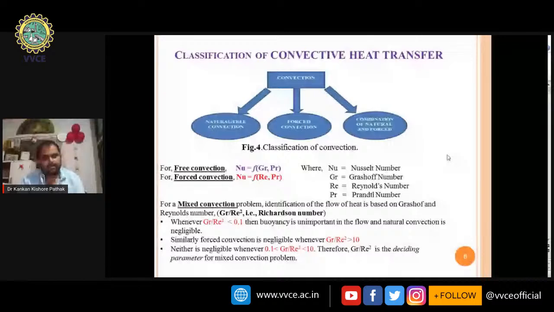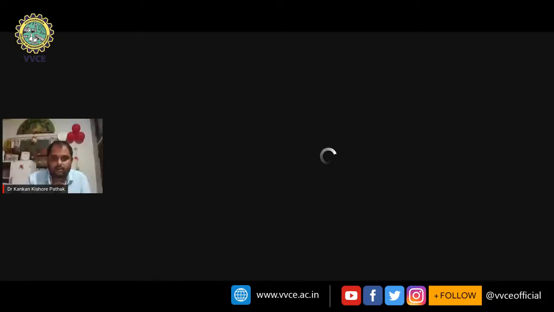But for a mixed convection problem, identification of the flow is very important. How can we identify a mixed convection problem? That is based on the Grashof number and the Reynolds number, taken from the given conditions.